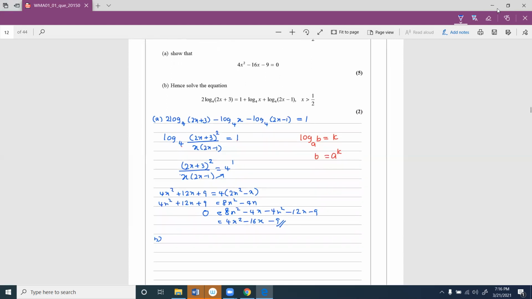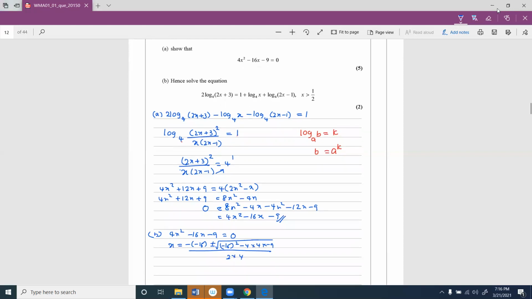Solve this one. Solving this equation means we are solving this quadratic equation equal to 0. So with that you can say x is equal to minus 16 plus or minus the square root of b squared minus 4ac, where a is 4 and c is minus 9, divided by 2a, 2 into 4.